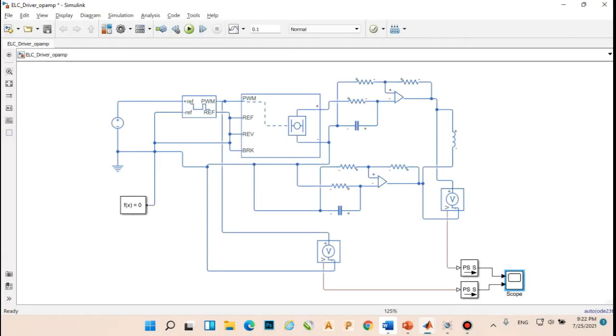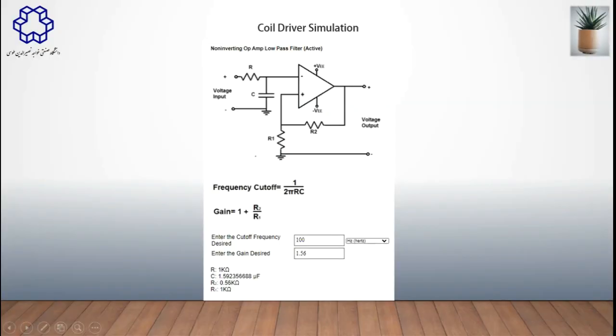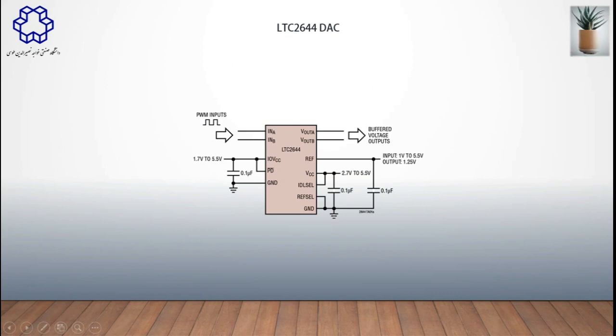We can use this circuit. We have another option. We can use the LTC 2644 DAC from Analog Devices. We can put the PWM input into a channel and get an analog signal output.